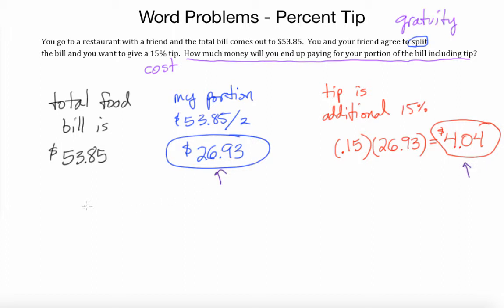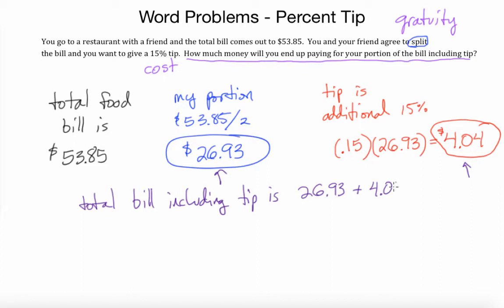So the total bill including tip for my portion is, if I add these two together, $26.93 plus the tip, $4.04, and together that makes $30.97. All right, there we just solved it out. So we got our answer.